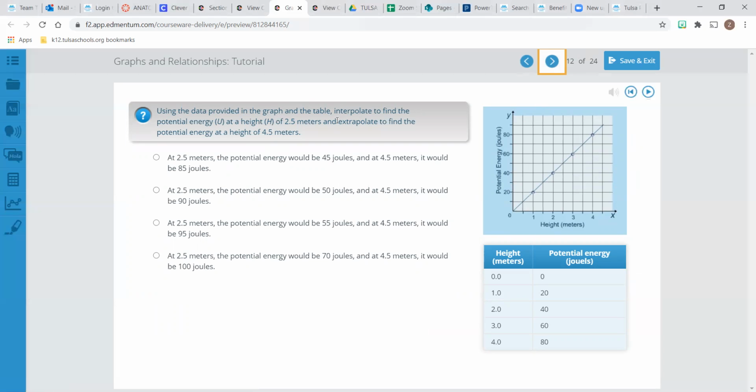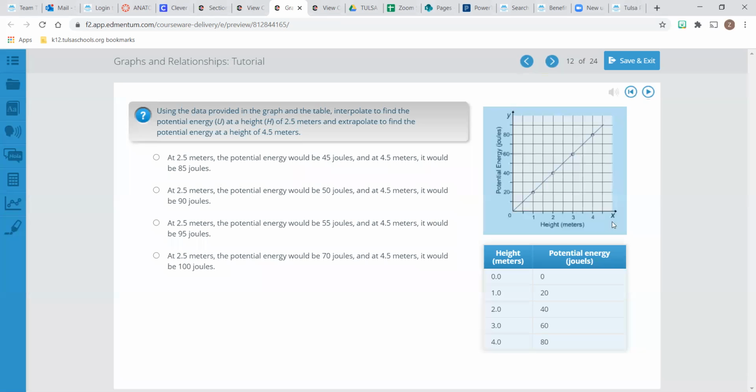So, using this graph and the table, interpolate to find the potential energy, U, at a height, h, of 2.5 meters, and extrapolate. So what does extrapolate mean? We're looking beyond what we already know, the points we already have, to find the potential energy at a height of 4.5.